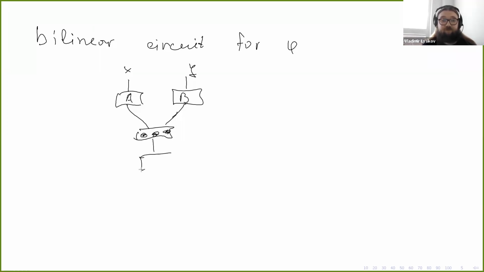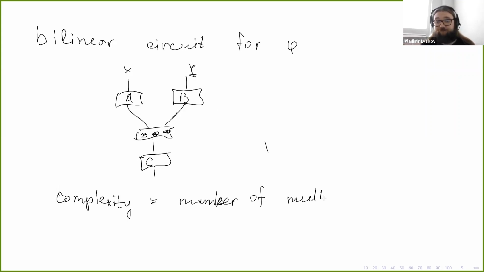And then we have linear post-processing by some block C. And suppose we want to count, so let's say the complexity is the number of multiplication gates.